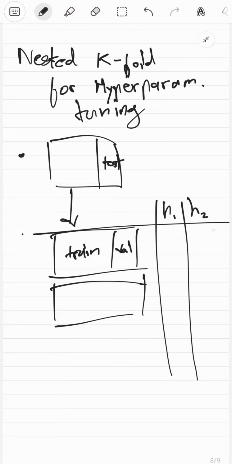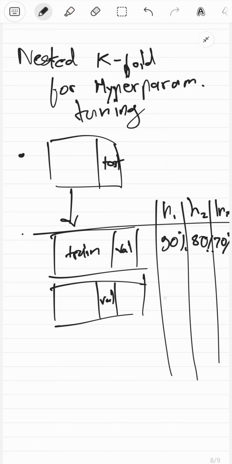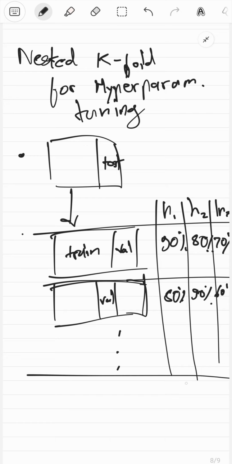This is h2 and h3 and so on. Then you get different values of the accuracy or whatever metric you're using. And this is maybe a different data set, so you get different values, 80%, 90%, 60%, whatever. You do it a lot of times, and then finally you get the mean values.